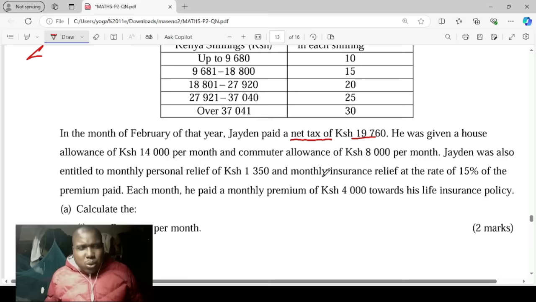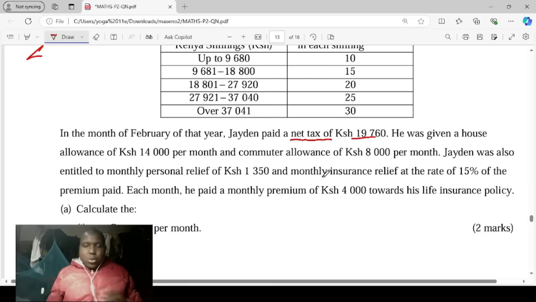Jaden was also entitled to a personal relief of 13,000 per month, and insurance relief at a rate of 15% of premium paid. Each month, he paid a monthly premium of 40,000 towards his life insurance policy. Calculate the gross tax per month.